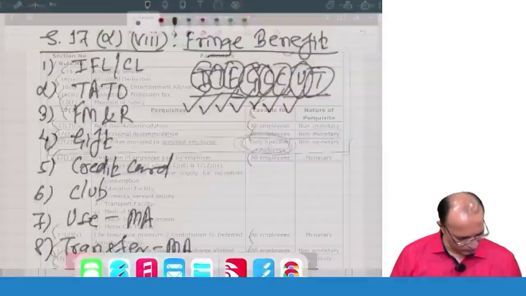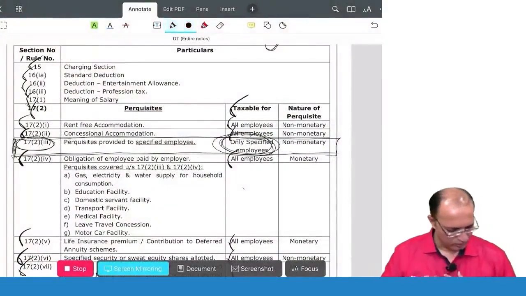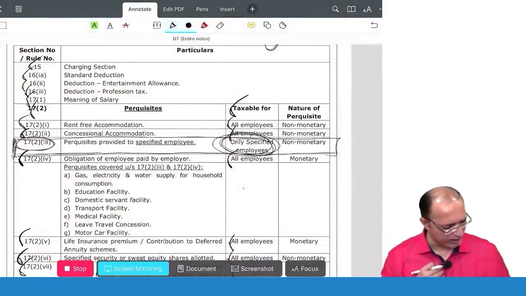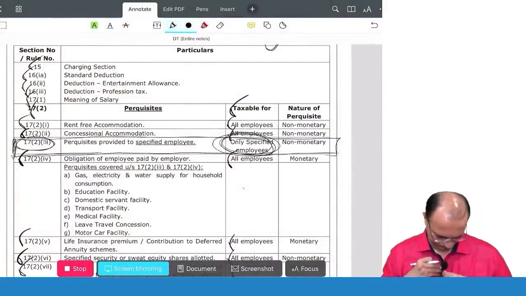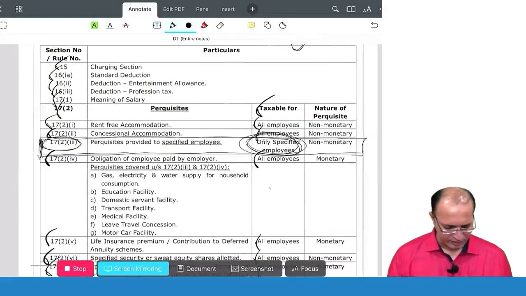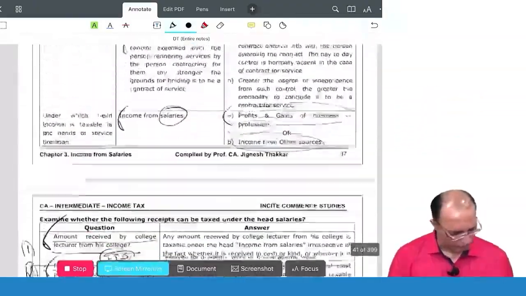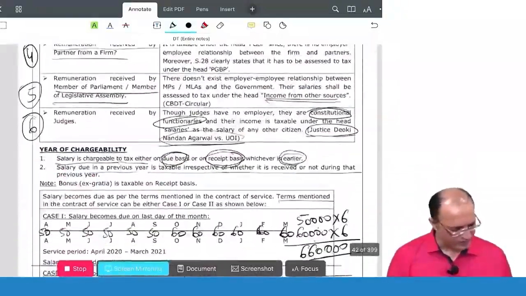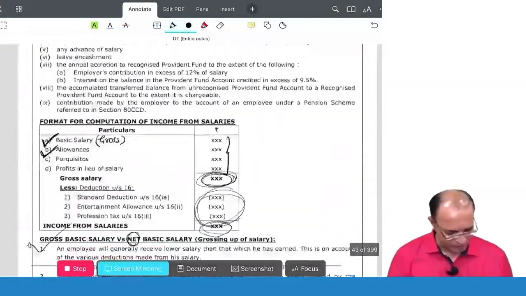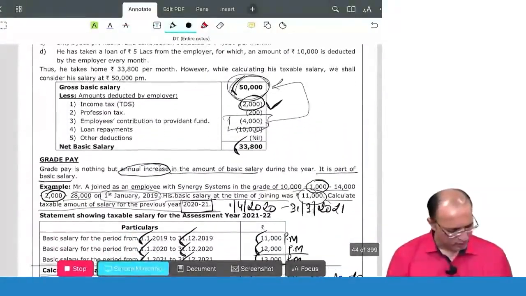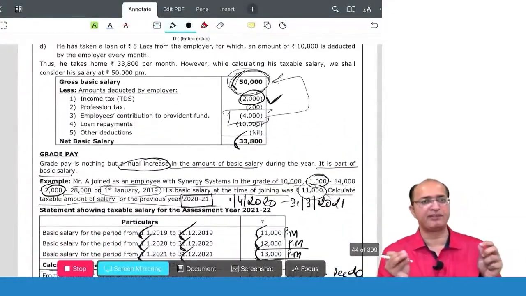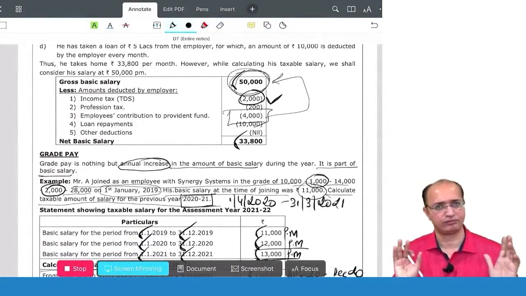So, we'll now move on to section 17, subsection 2, clause 3. And whatever we discuss in section 17(2)(iii) now will always be compared with section 17(2)(iv).